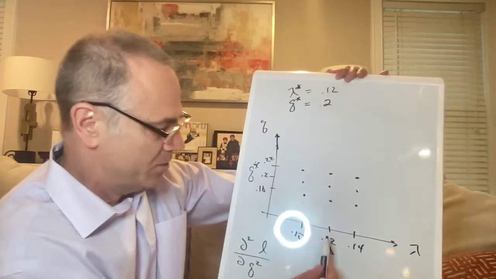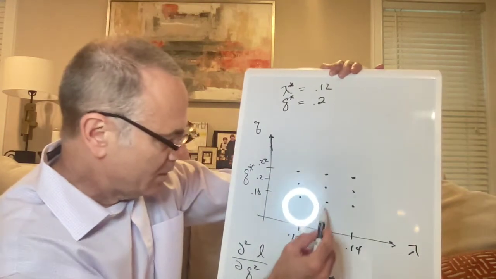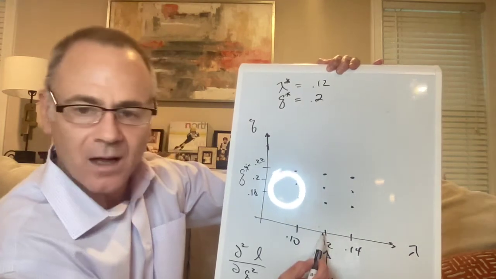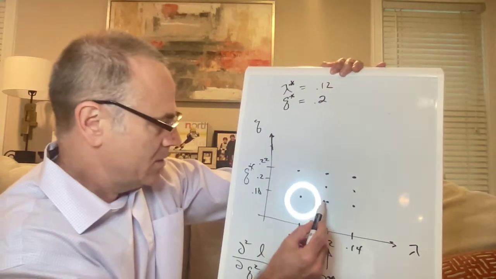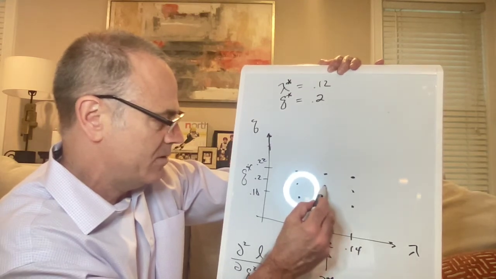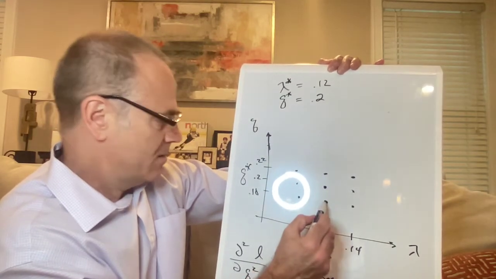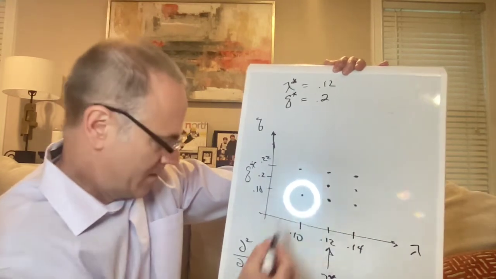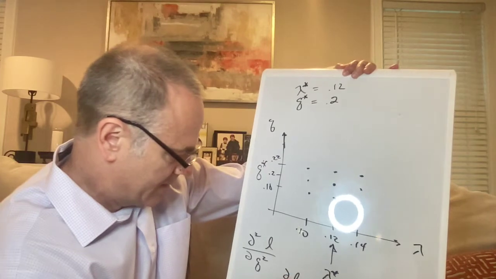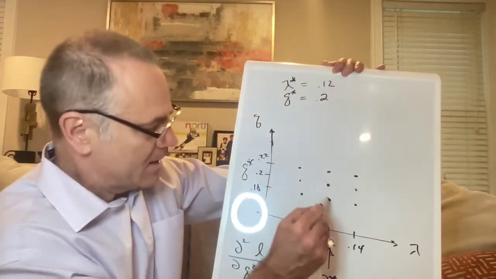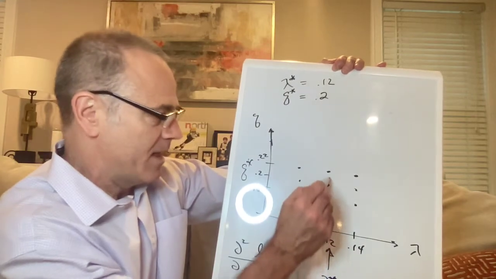What you might want to do for that one is fix lambda at the optimal value. Look at how L changes as you go from Q equals 0.18 to 0.2. That gives you dL dq. And you get another derivative going from that one to that one.